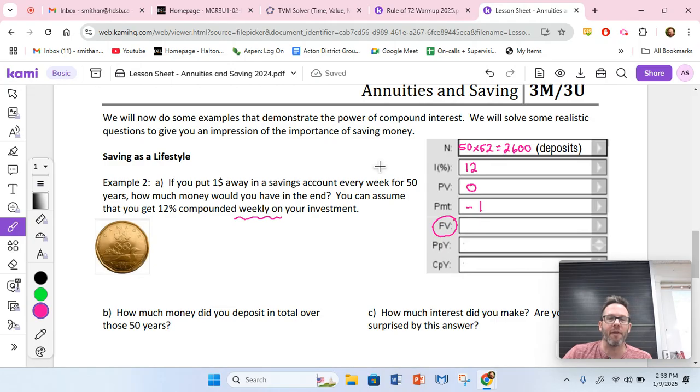We're solving for FV, circle it, and this is a weekly question. So PPY, don't giggle, PPY, and CPY, 52 and 52. And let's find out how much we would have in 50 years.